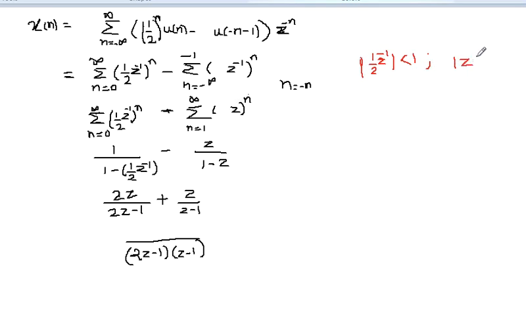If z is less than 1, then only we can approximate the second equation to this, otherwise it will not be. So it is 1 minus. So we have this as 1.